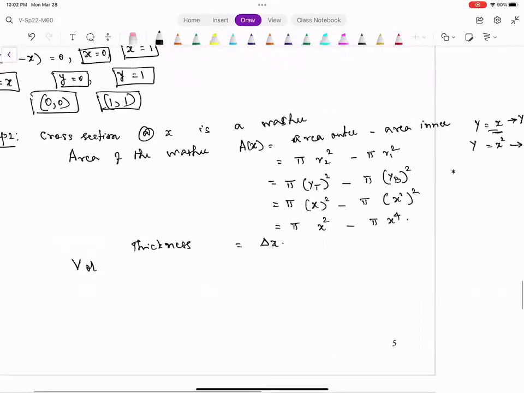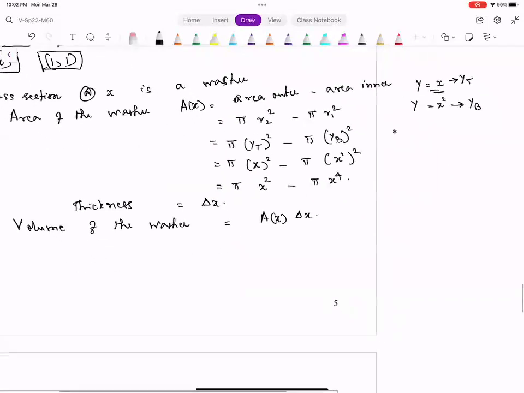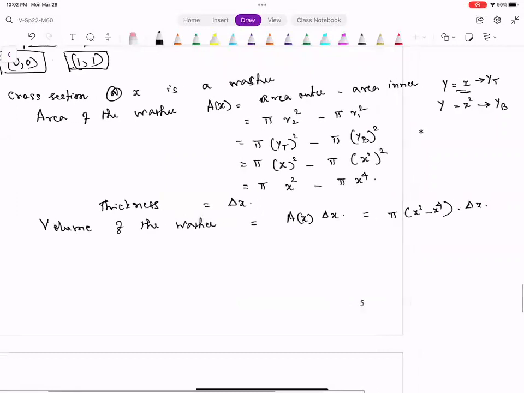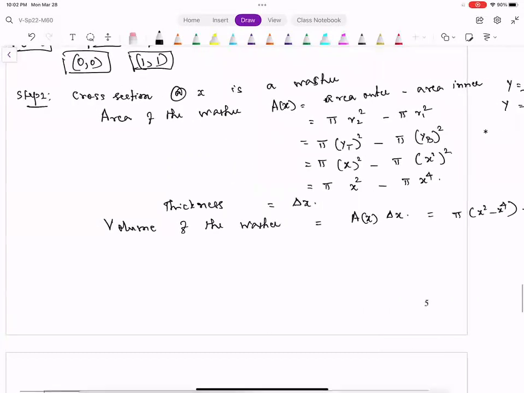So the volume of each washer is equal to A of x times delta x, right? A of x is pi times x squared minus x to the power 4, times delta x.